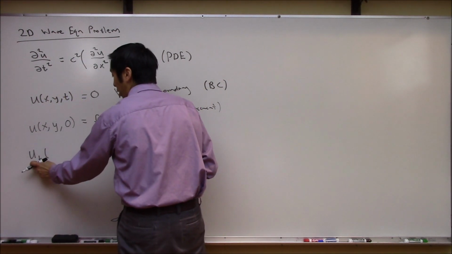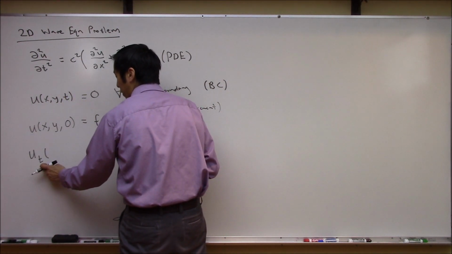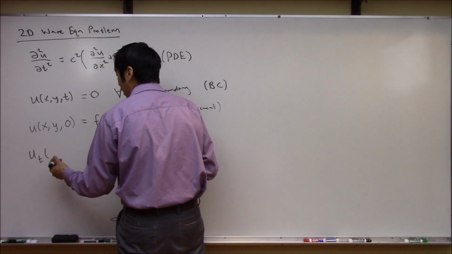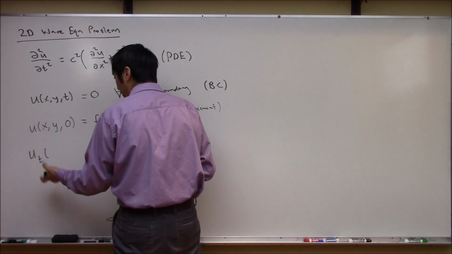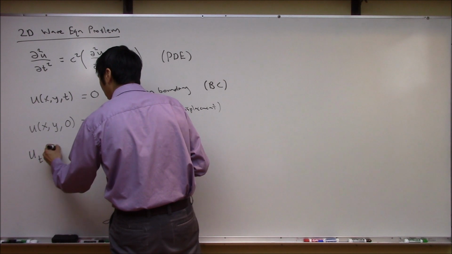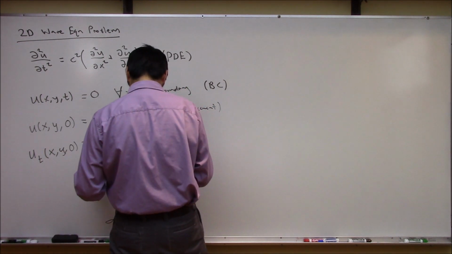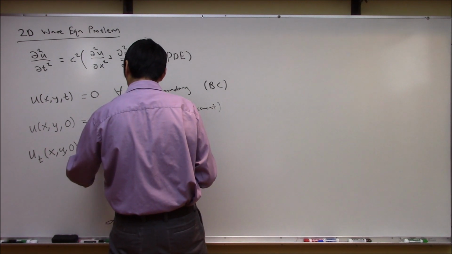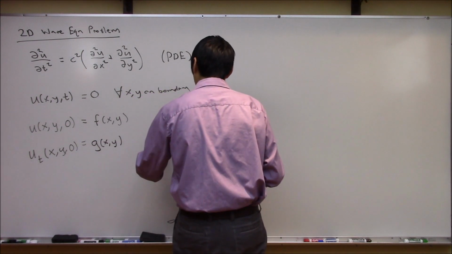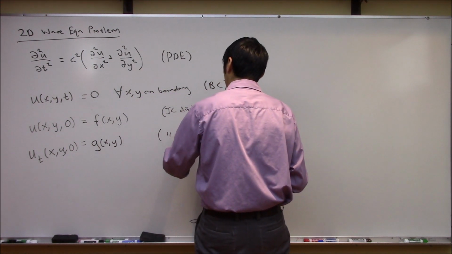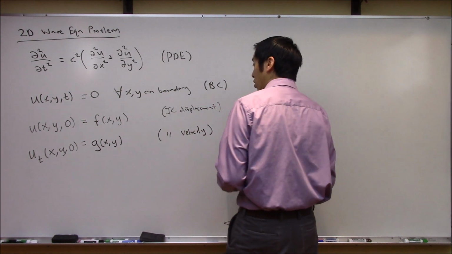So the derivative of displacement with respect to time is obviously the velocity of the membrane. So this at time 0 has got to equal some other function. Let's call this thing, how about g of x, y? So here's our initial condition for velocity.